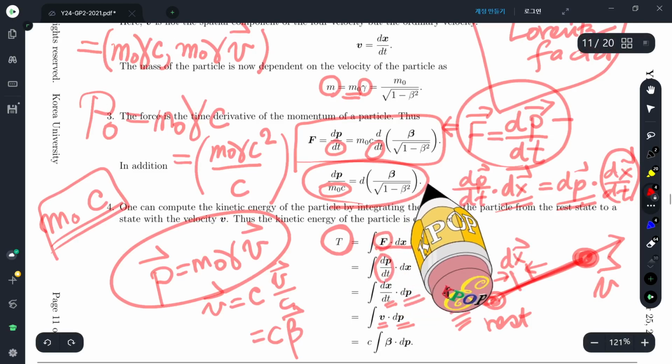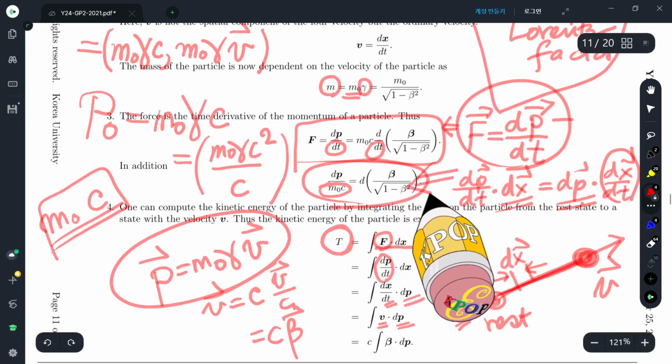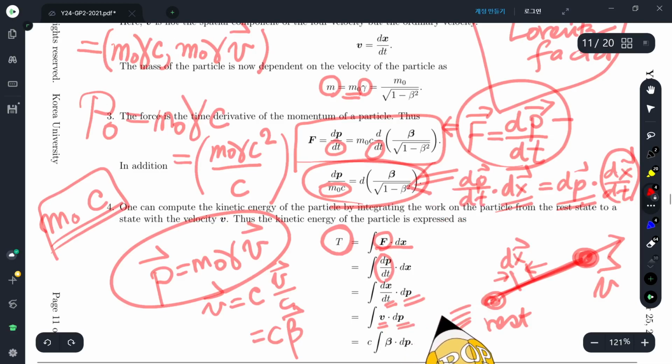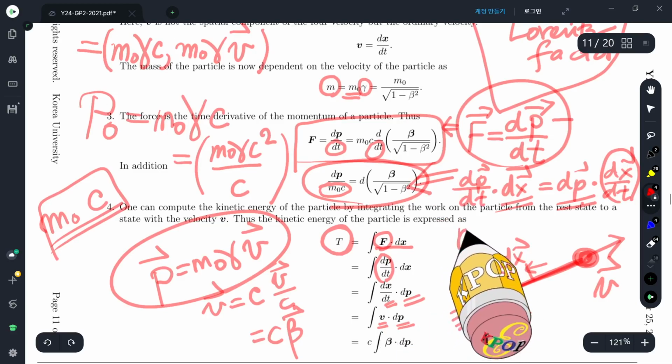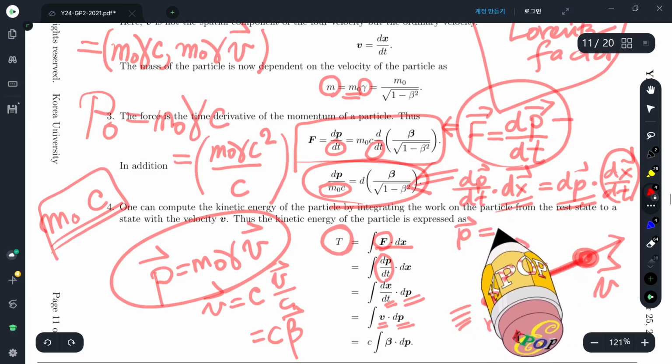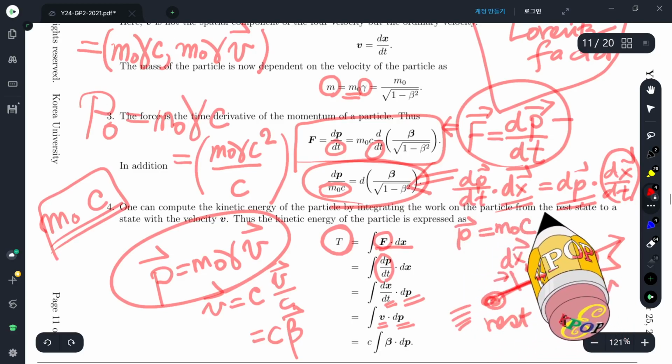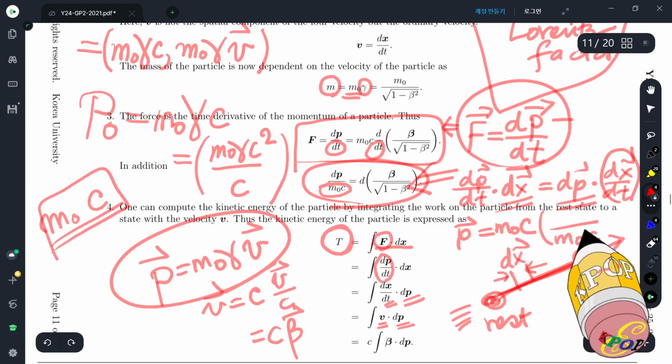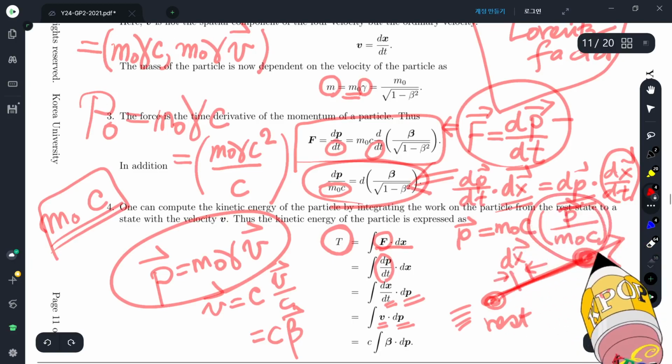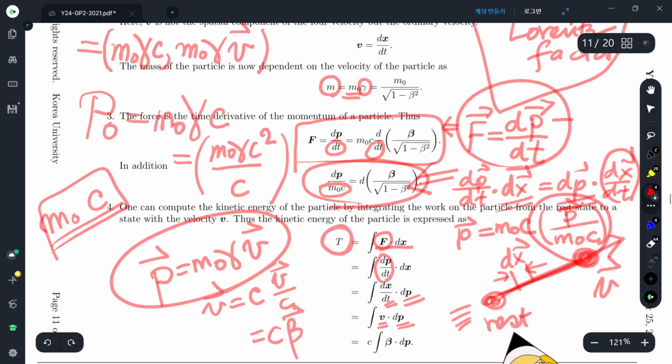Just like what we have done here, it's better to rescale the dimension for quantity. For example, the momentum p can be rescaled with m0c. Then this one is a dimensionless quantity. And velocity can be rescaled with the speed of light, so v can be replaced with c beta.